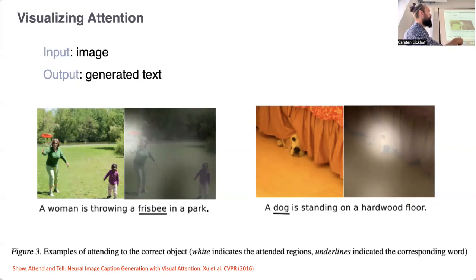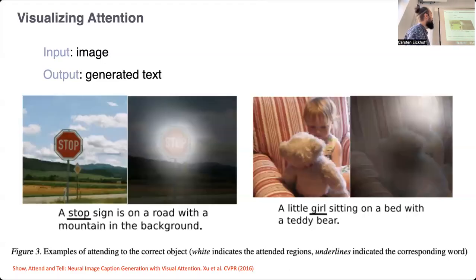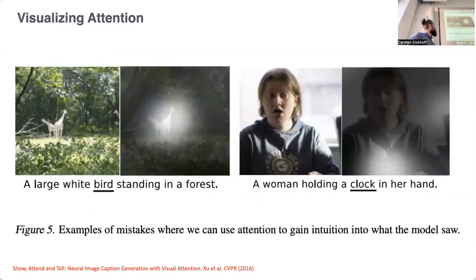And if we're saying a dog is standing on a hardwood floor, it's not really standing, so maybe here there's still some work to be done, but dog is pretty good. Stop sign, pretty good. A little girl is sitting on a bed with a teddy bear. This is great because there are potentially two people in this picture, and we're paying attention to the right one. But this sometimes also goes wrong.